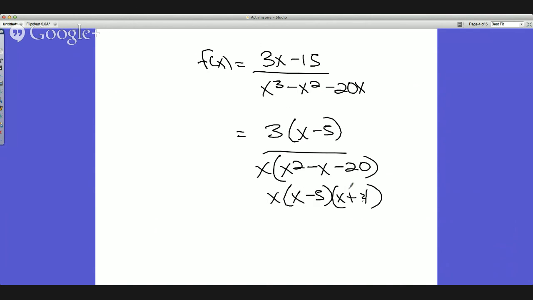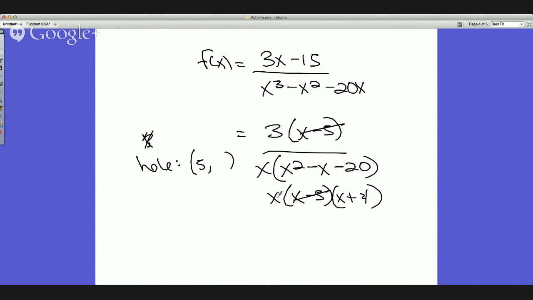Good. So because of that, where do I cancel? X minus 5. Good. So I'm going to have a hole at 5 comma. How do I find what the y would be of that? Plug it in.